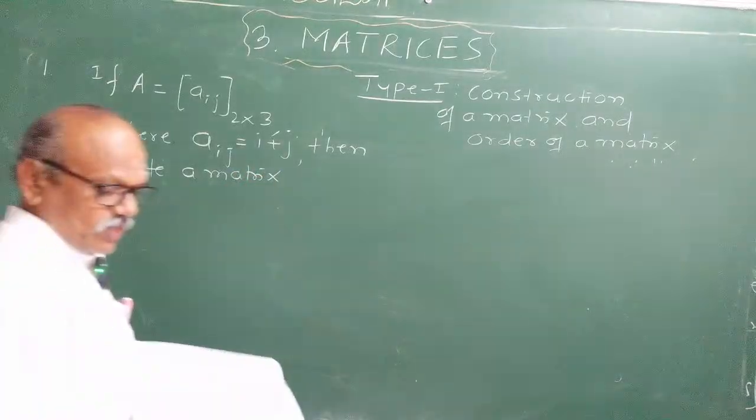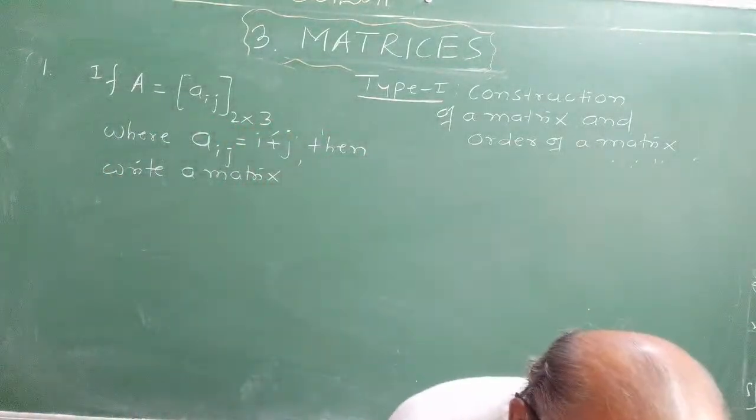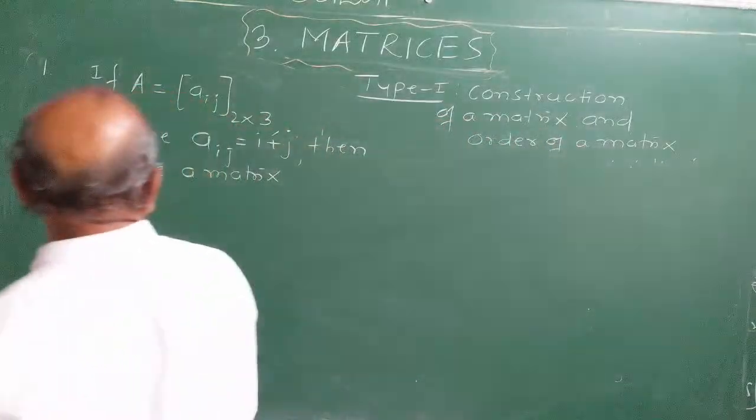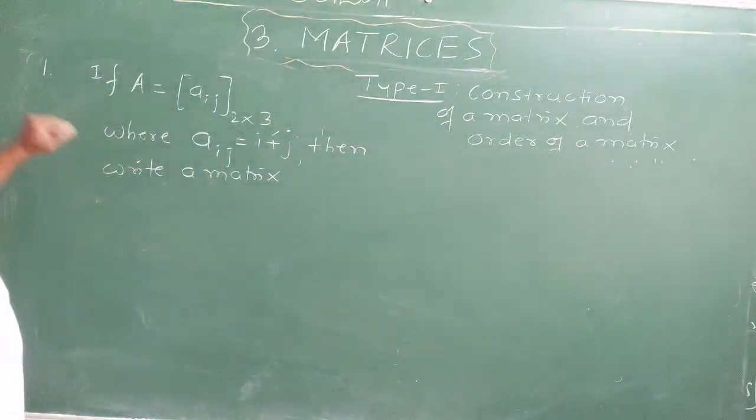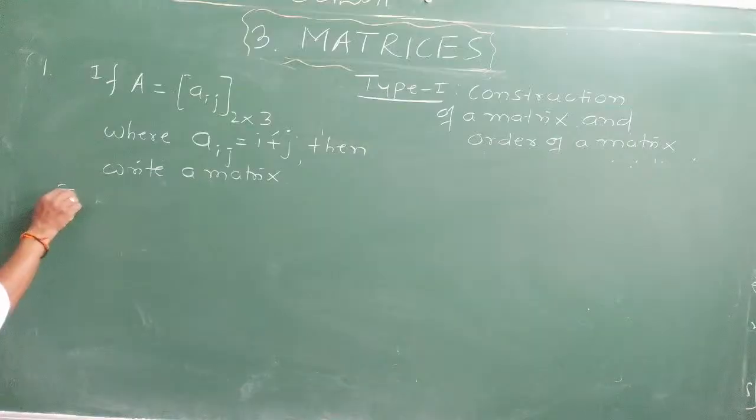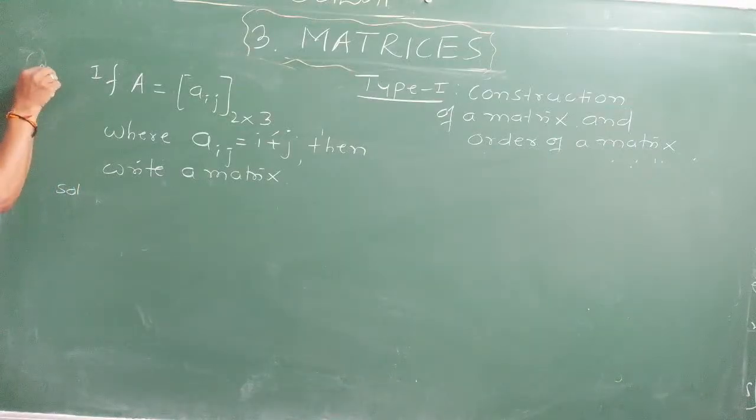Observe, how can you construct a matrix containing numbers? What must you get here? It is of order 2 by 3. The solution. Second example, solution.